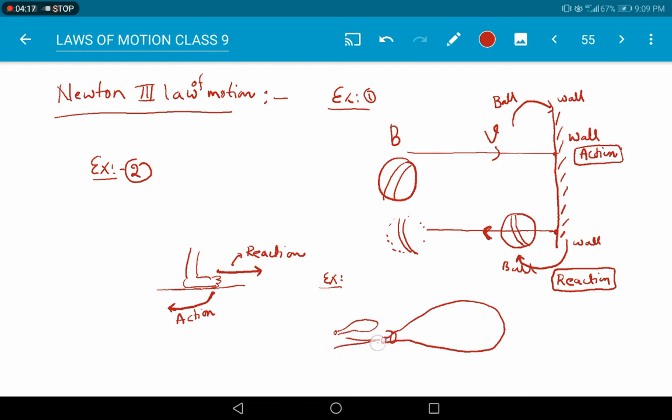The air comes out of the balloon in the forward direction, and the balloon will move in the backward direction. So here also you can see the action and reaction pair. The action is exerted by the balloon on the air, and the reaction is exerted by the air on the balloon. That's why the air moves in the forward direction and the balloon moves in the backward direction.